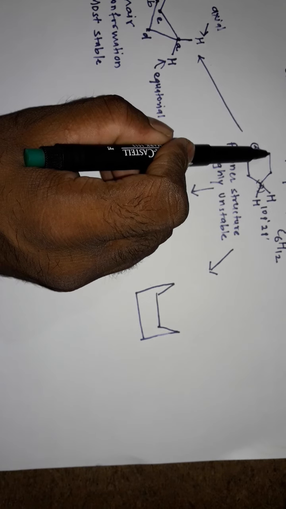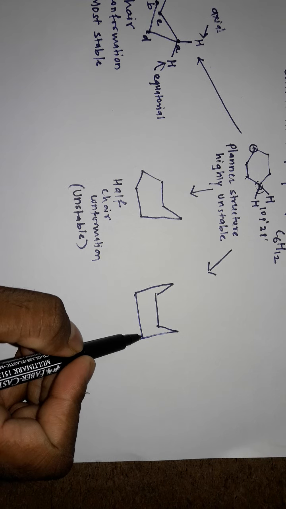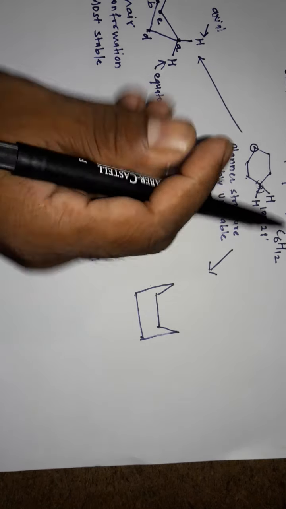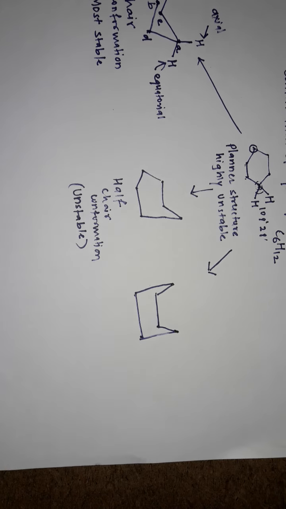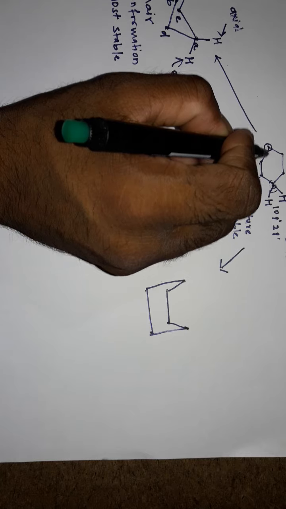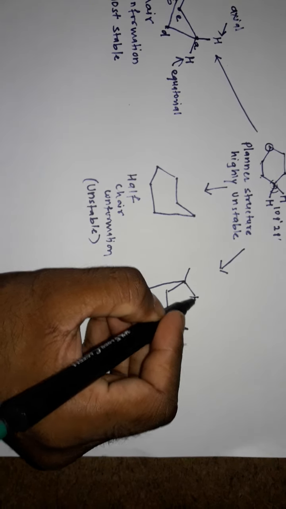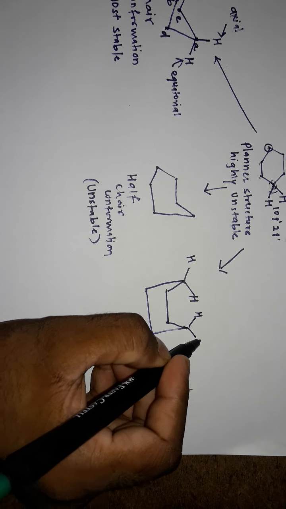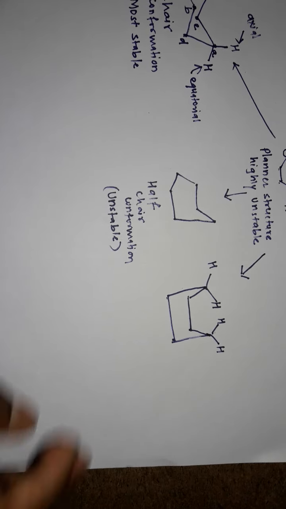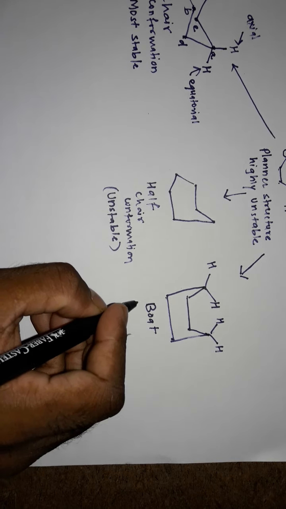I have kept these 4 carbons in the same plane. I have just pulled these 2 carbons out of the plane. So these 2 carbons are here, and the carbons carrying hydrogens are like this. Such a structure is called a boat structure, boat conformer.